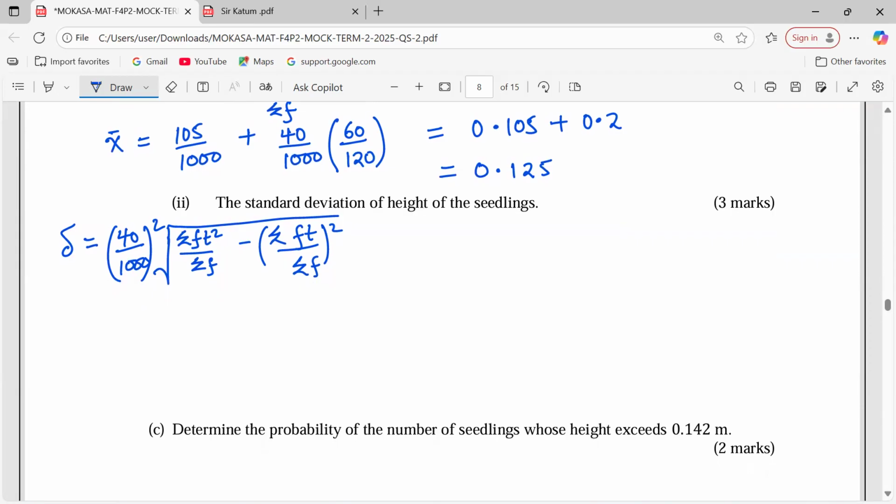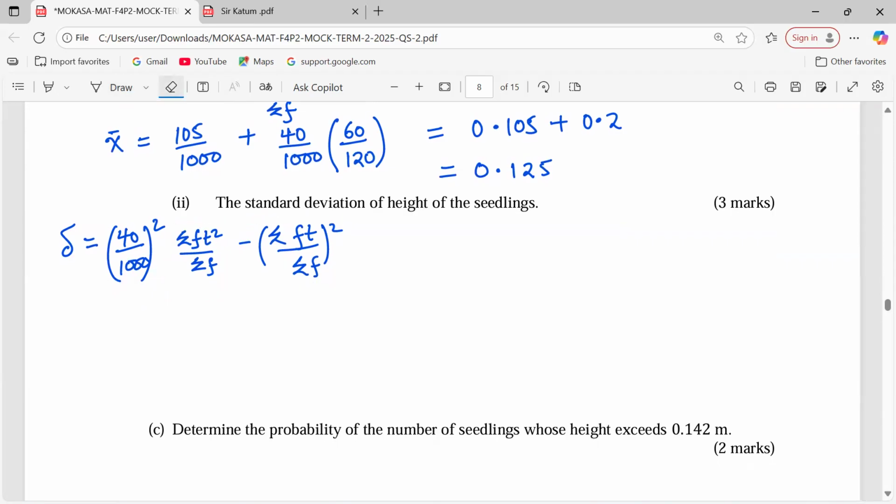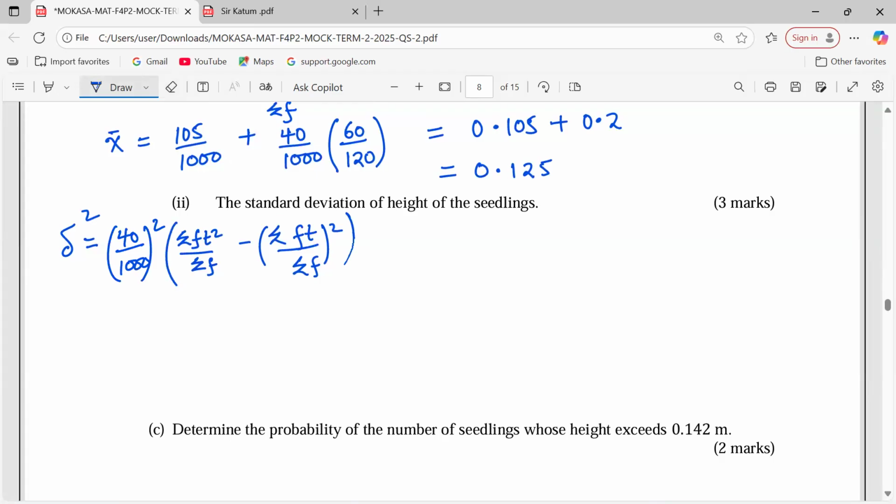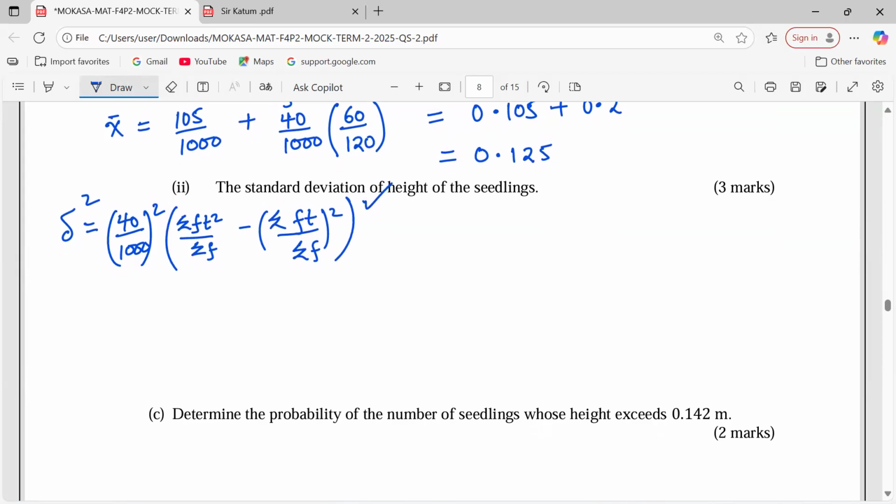Or simply, so that we don't complicate, let's get variance first. Naturally, this would have been variance, but now we should multiply it by the constants squared. So this is 1 over 625 into 226 out of 120 minus 60 over 120, but this part has to be squared.